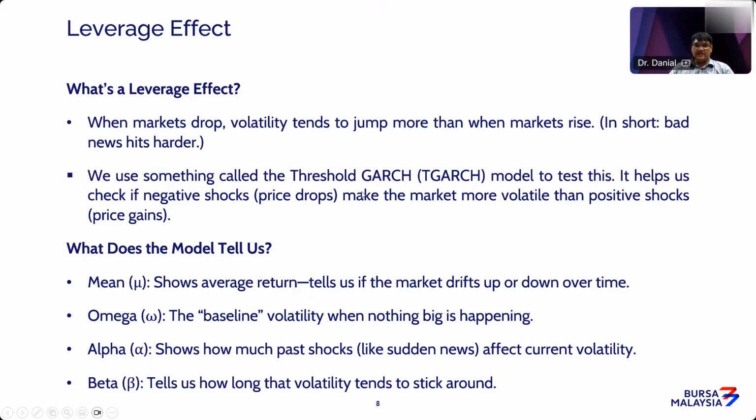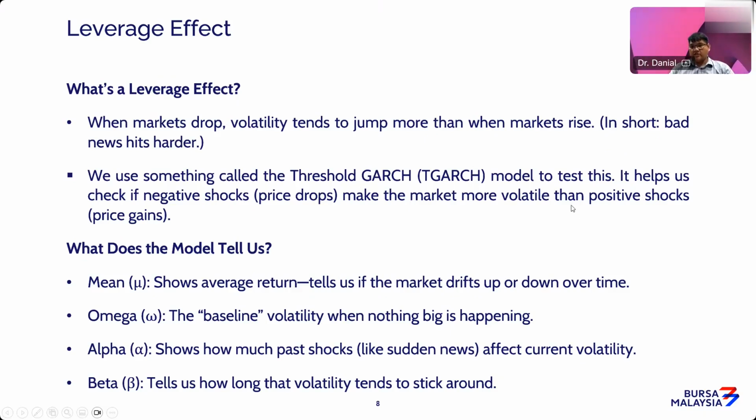There are many types of GARCH model. We have general GARCH, exponential GARCH, and threshold GARCH. To optimally model the leverage effect for LCF futures, you are using threshold GARCH. You can Google this later.